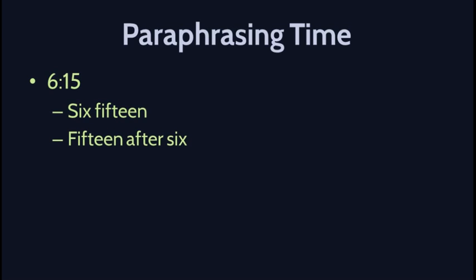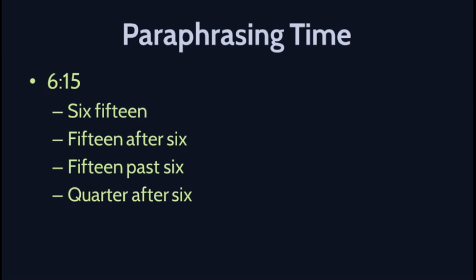This one here has a couple of other varieties. We have 6:15, of course, 15 after 6, and 15 past 6. However, you can also say quarter after 6, or quarter past 6. So be careful of that one, quarter.